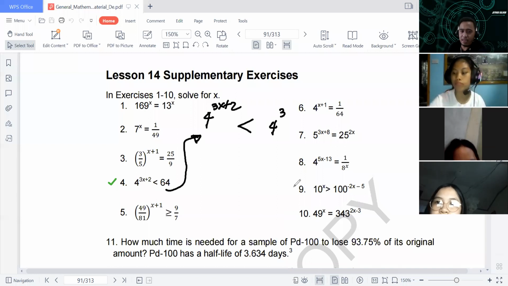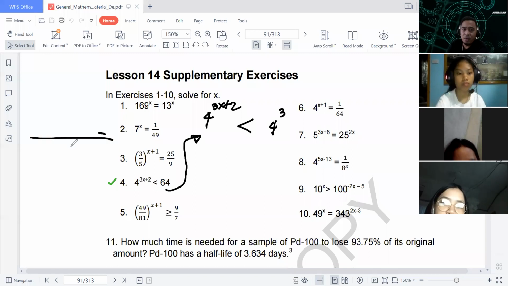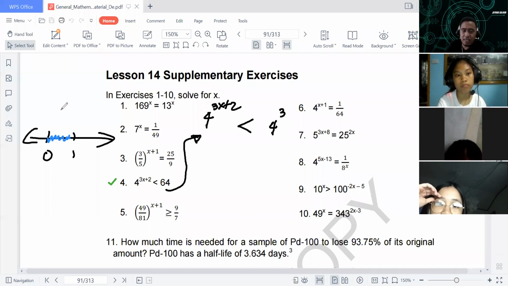Yes, sir. And another question. What is your base, in between 0 and 1 or greater than 1? Greater than 1. If it is like this, class, we change the inequality. But if your value of b is like this, the inequality stays the same.